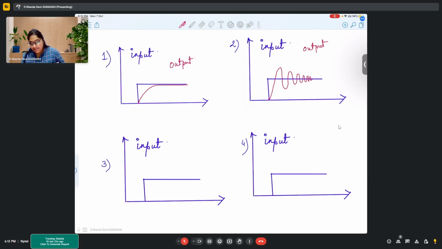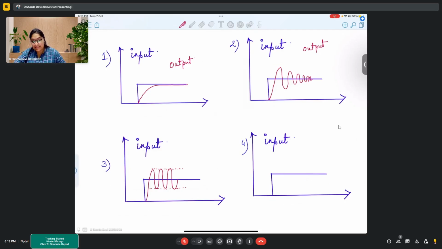Now, the third condition is, again your output slowly increases, then it comes down, again it increases, it comes down, but rather than stabilizing or reducing amplitude, it oscillates continuously across your input, but it is not settling down.